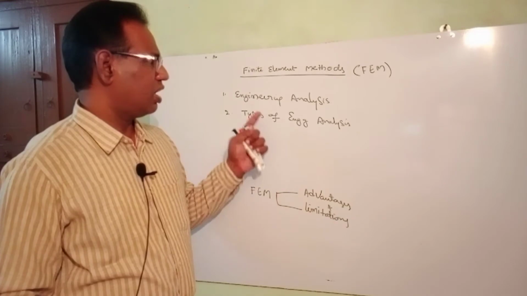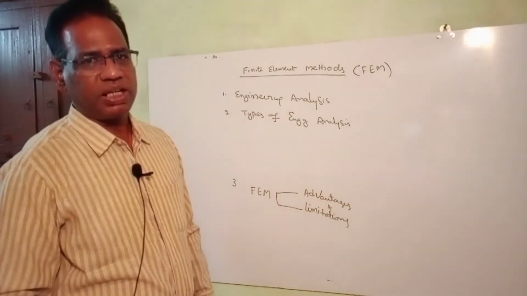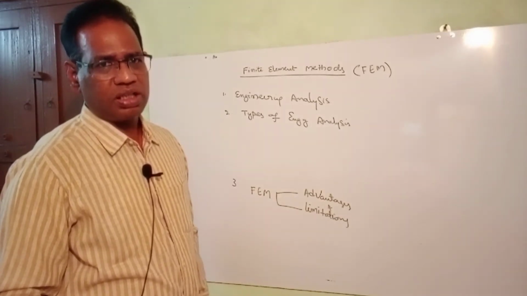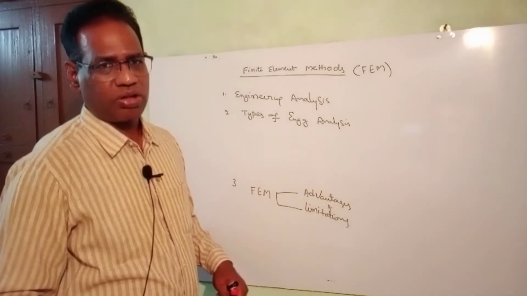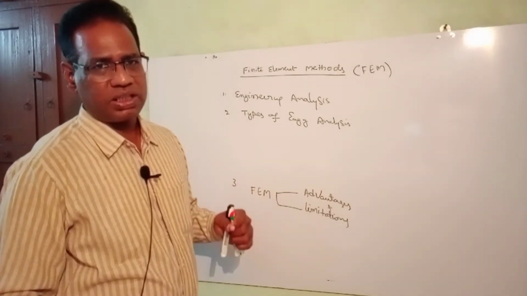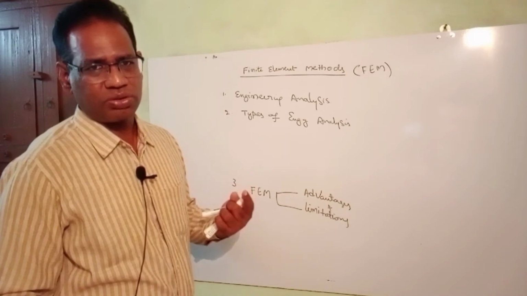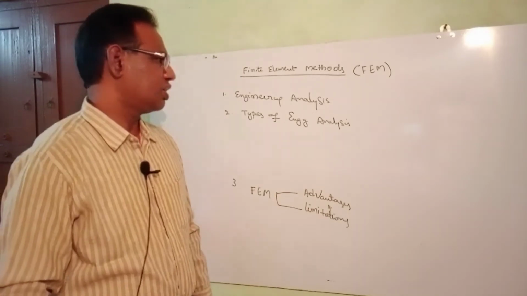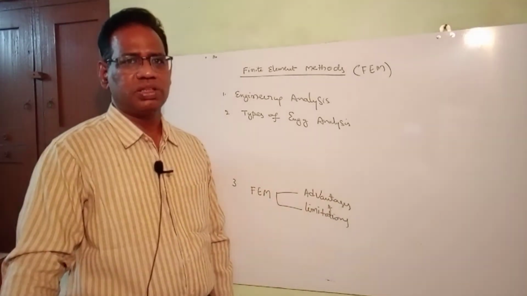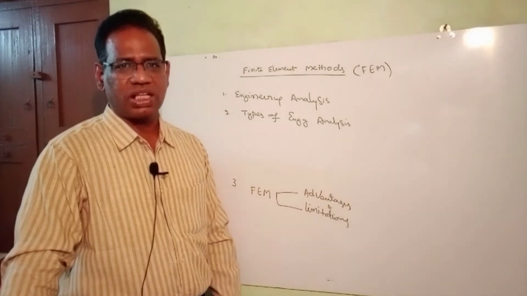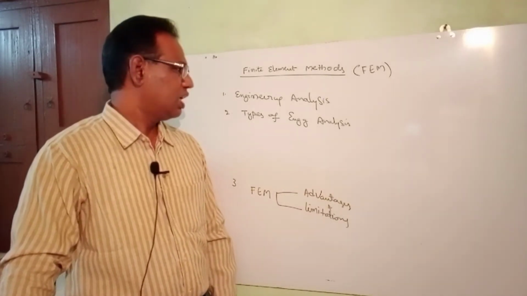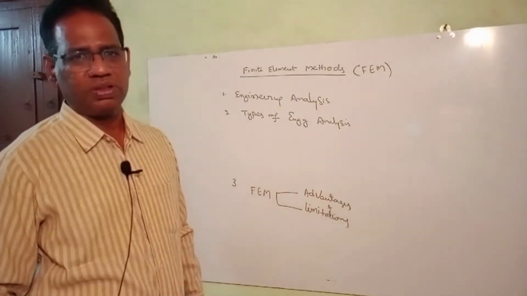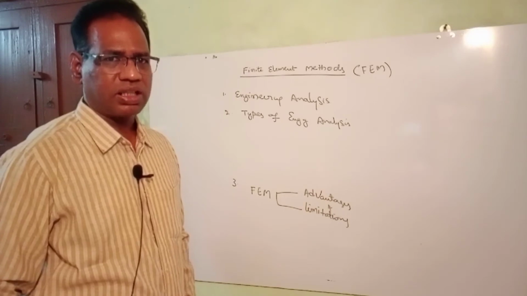So with the assumed dimensions, we estimate the stresses that are going to develop, the strains, the deformation of the component, deflections, and the temperature that is going to develop. All these estimations we can do for a component with assumed dimensions, and those dimensions are validated if they are within the limits. This comes under engineering analysis. This is one step of the actual total design of the component.